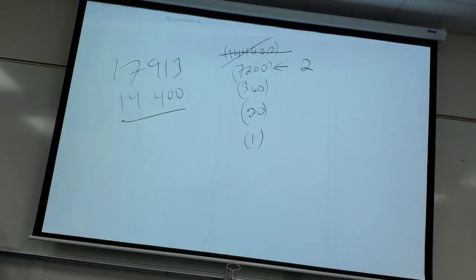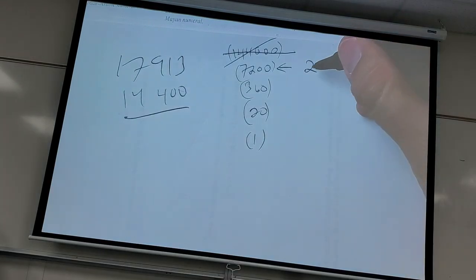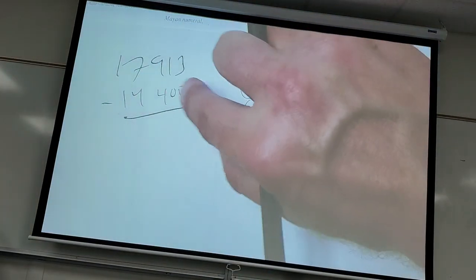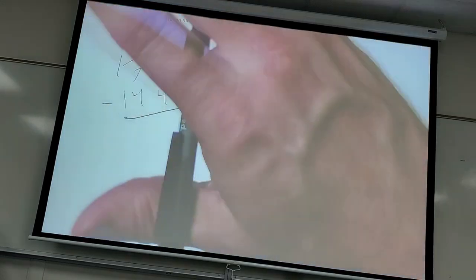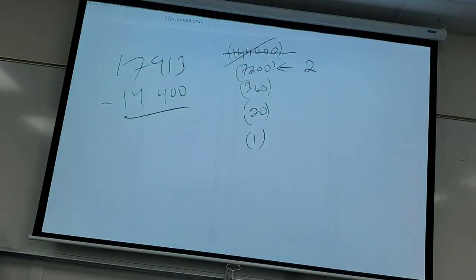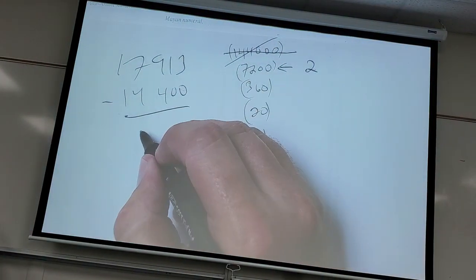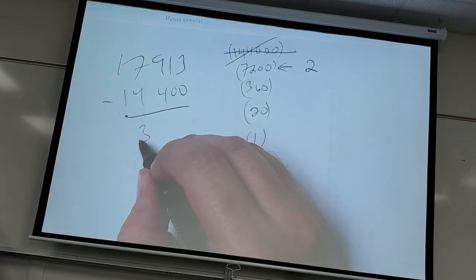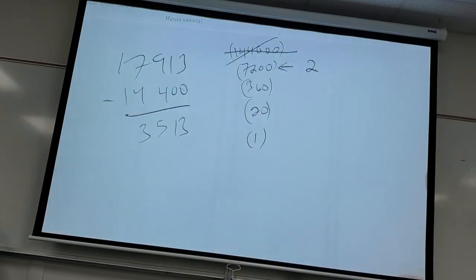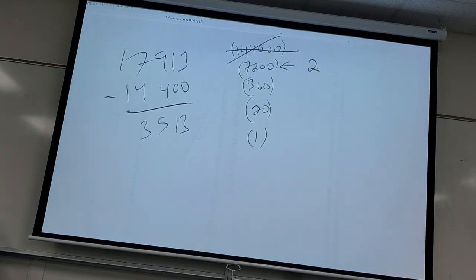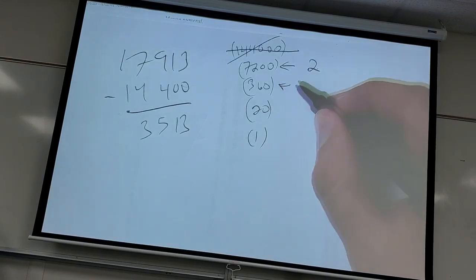There you go, buddy. If I do 2 of these, that takes care of this much of the number. Each place can take care of so much of the number. So how much of the number do I have left to worry about? 3,513. And then what can 360 do for me? How many 360s go into there?